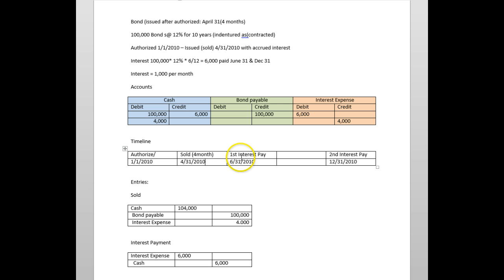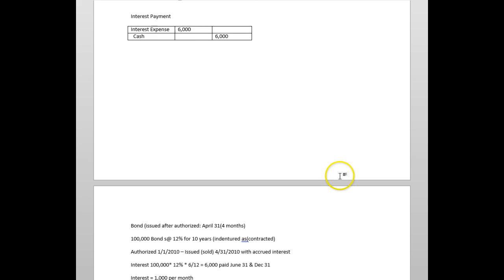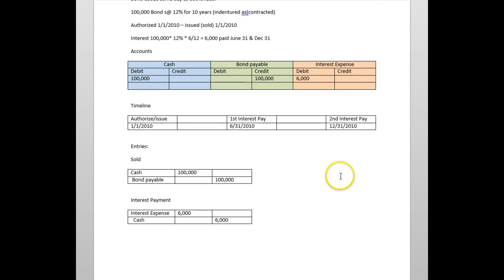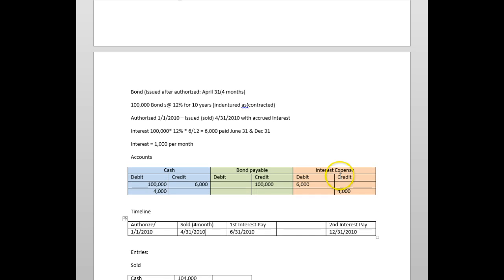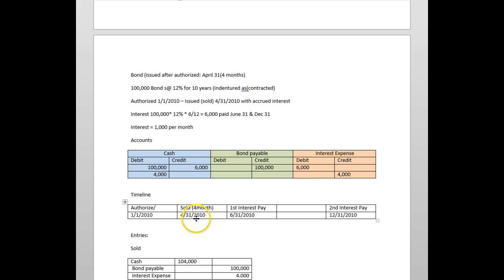Again, the first payment's on June 31st, and the second one is in December. Pretty much the same scenario you have up here, only it's sold in April.